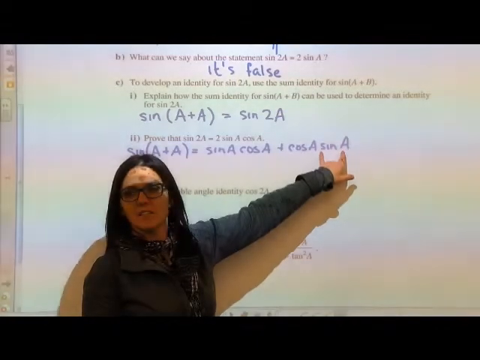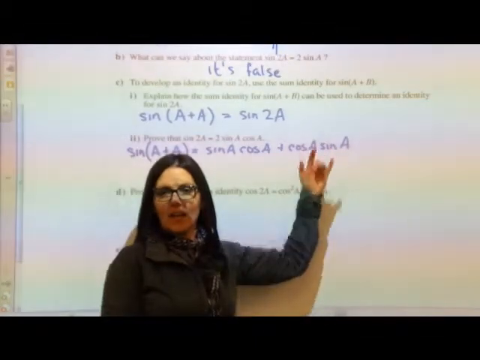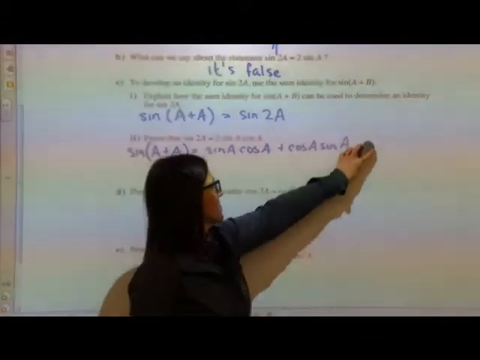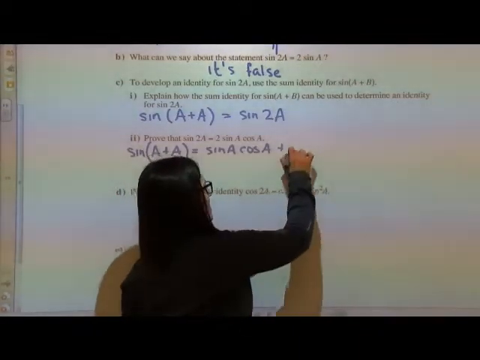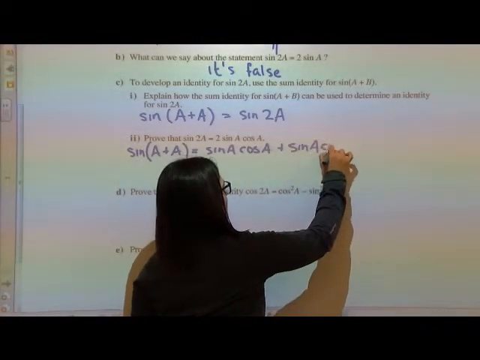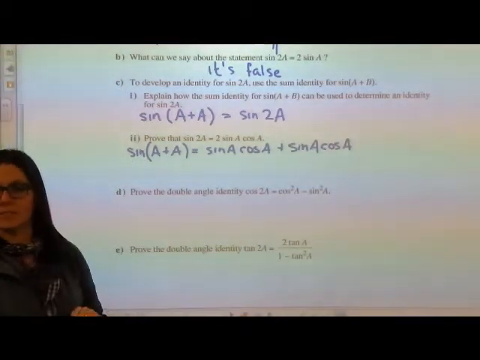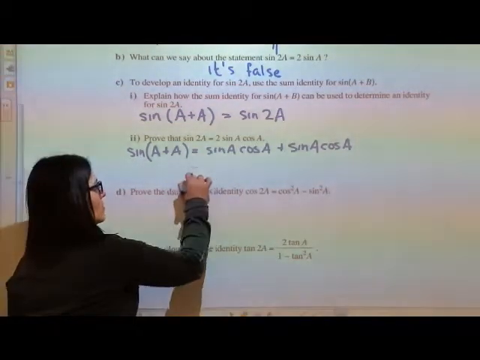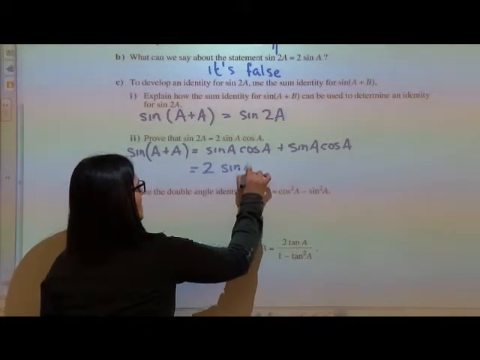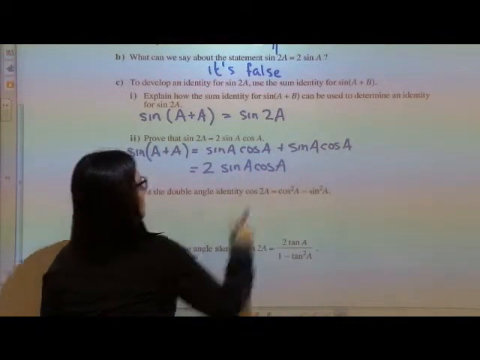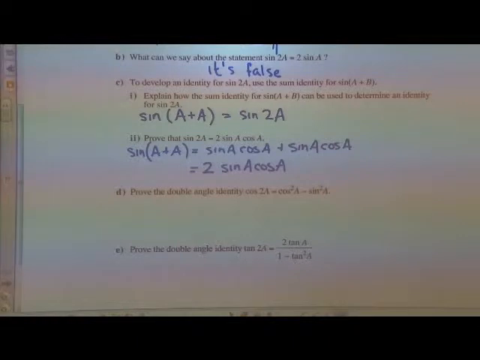Cos a sine a can be written as sine a cos a. And how many sine a cos a's do I have? 2. So this becomes 2 sine a cos a. So all we've done to get this double angle identity is we've used the sum identity.